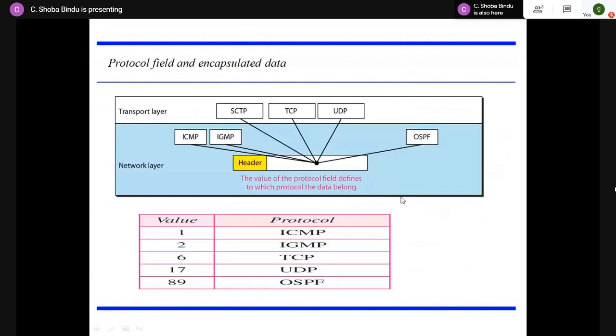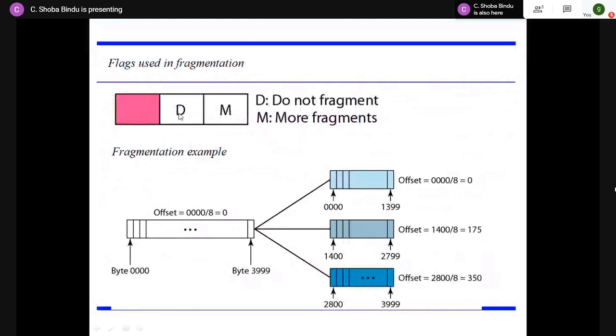So that we'll discuss now. In this 3-bit flags field, the most significant bit is not used, and the remaining 2 bits are used here. One specifies don't fragment, and the other specifies more fragments. When don't fragment is set, it indicates that at any cost, this particular fragment should not be further fragmented.